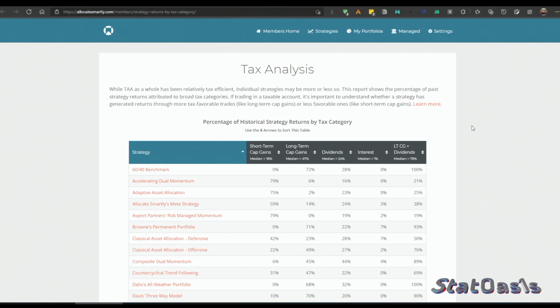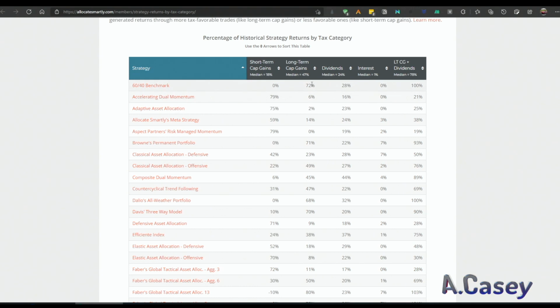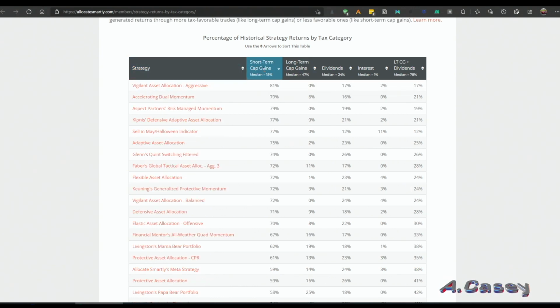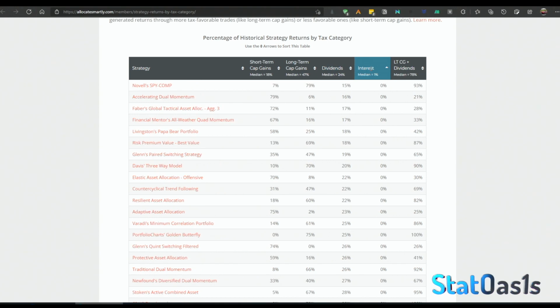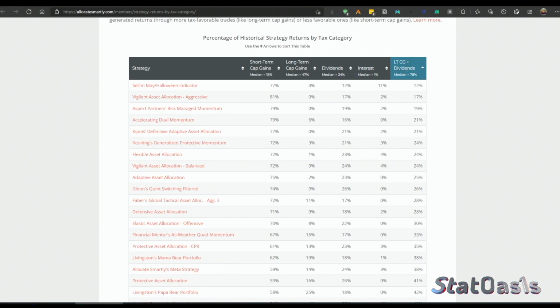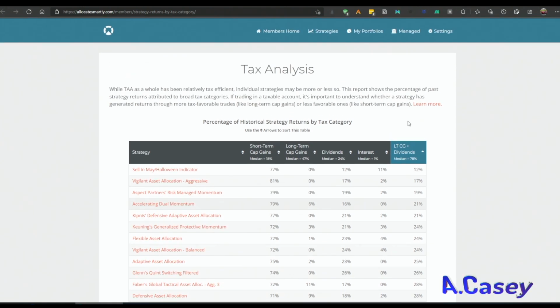Here in North America, long-term capital gains is a lot less than short-term capital gains, and here you can find that analysis. If you sort by short-term capital gain, you get a percentage for each strategy. And of course, long-term capital gain, dividends, interest, and long-term capital gains plus dividends. So you get the effect of each strategy on your taxable account and non-taxable account.